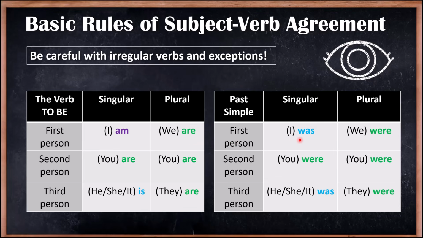I was. You were. He, she, it was. And are becomes were. We were, you were, they were. So this is something you have to memorize. Aside from this, the pronoun I takes the plural form of the verb with all the other verbs.